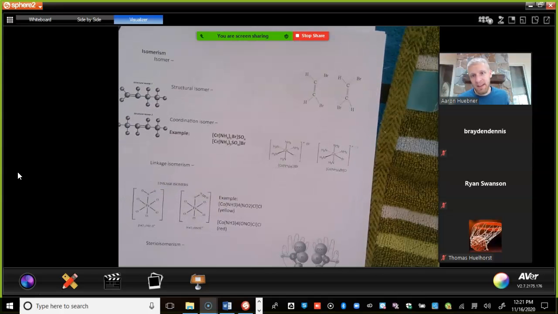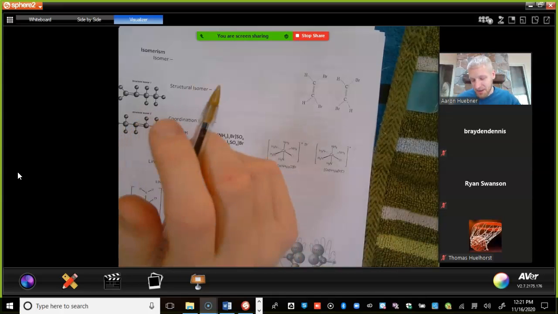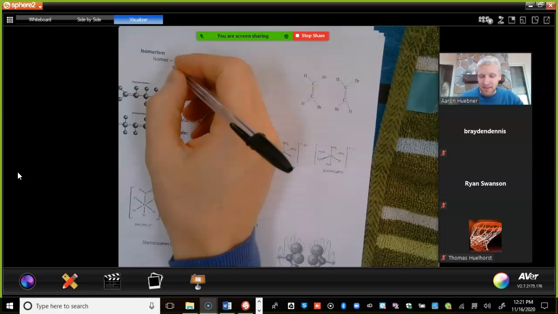So this next page is kind of a sneak peek to organic chemistry. Organic, we're going to really focus on isomers. Oh, what is an isomer? Funny you should ask. All right. So let's get the definition of isomer.